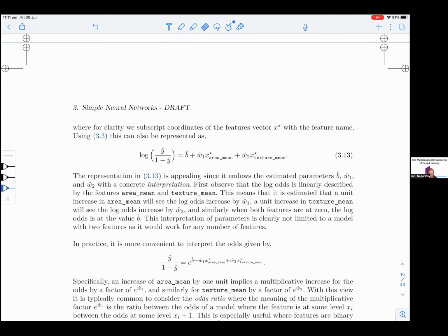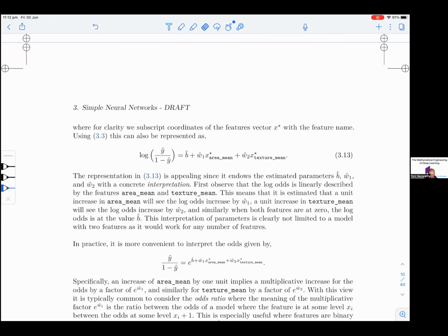The representation in 3.13 is appealing since it endows the estimated parameters B hat, W1 hat, and W2 hat with a concrete interpretation. First, observe that the log odds is linearly described by the features area mean and texture mean. This means that it is estimated that a unit increase in area mean will see the log odds increase by W1 hat.